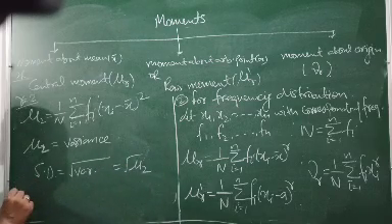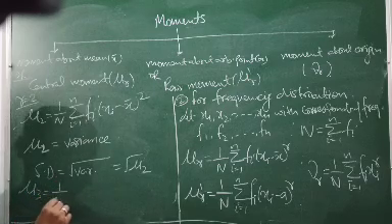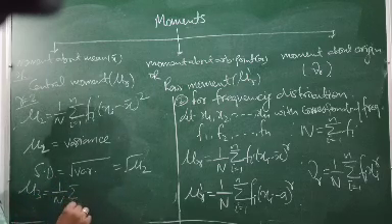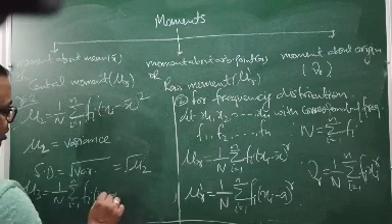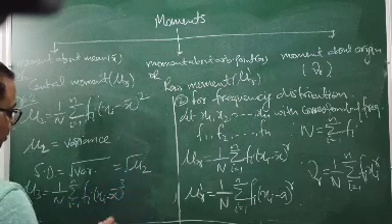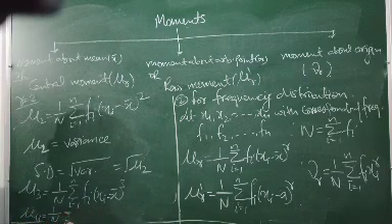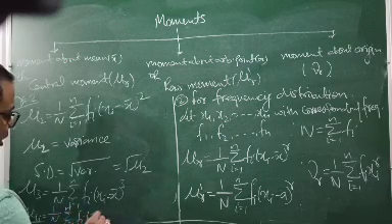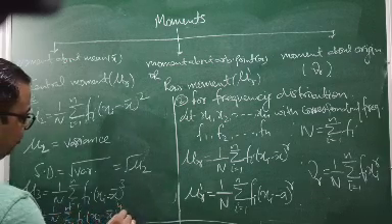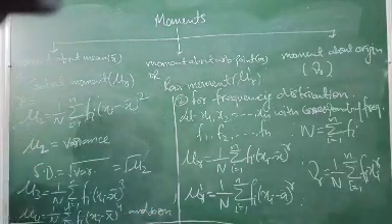Similarly, we find mu3 with this formula: 1 upon n summation i varies from 1 to n fi (xi minus x bar) to the power 3. Mu4 is 1 upon capital N summation i varies from 1 to n fi (xi minus x bar) to the power 4, and so on.